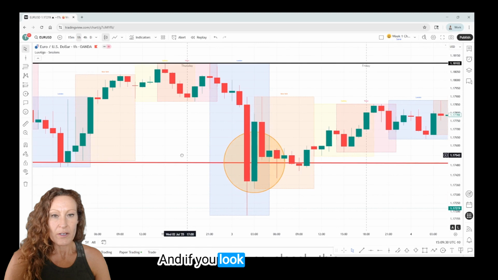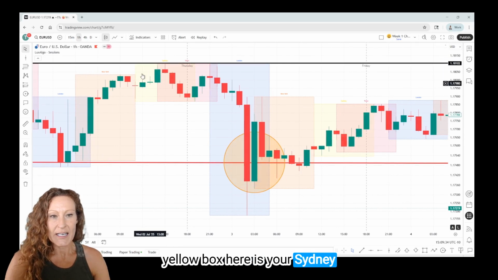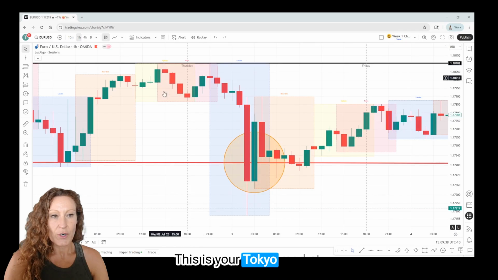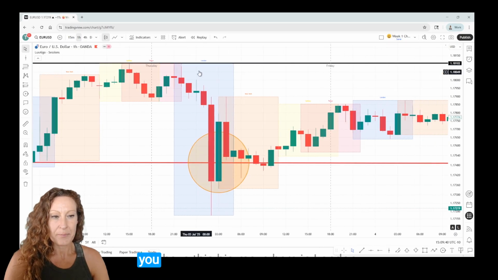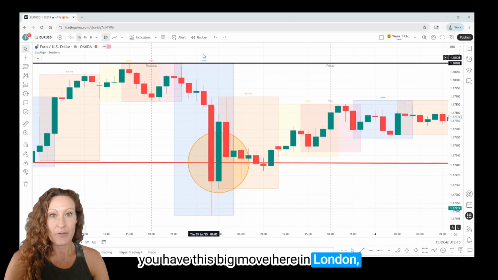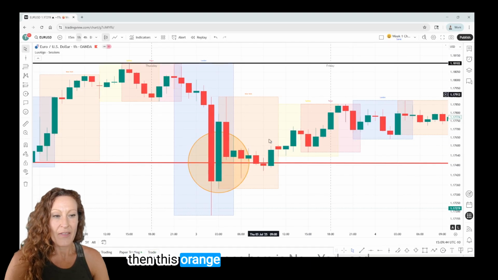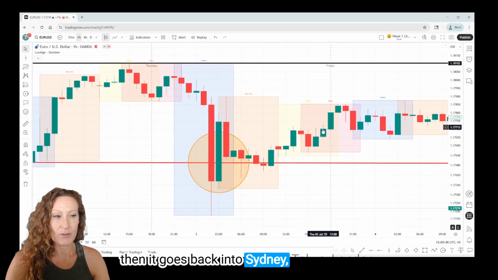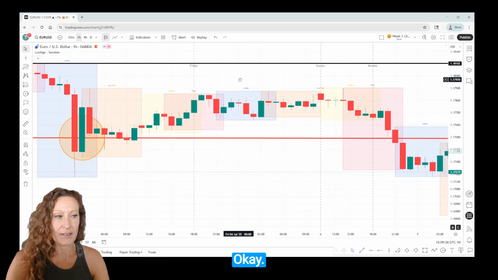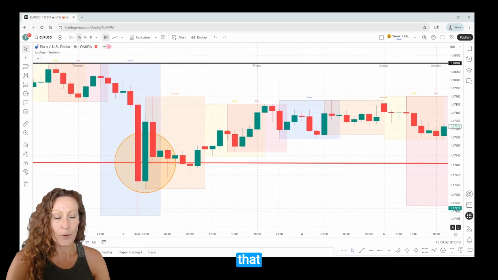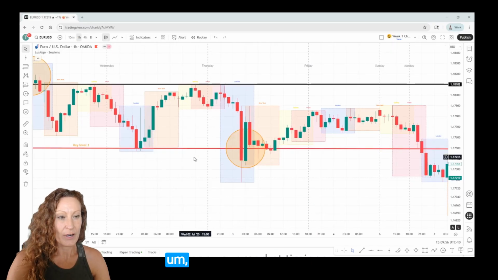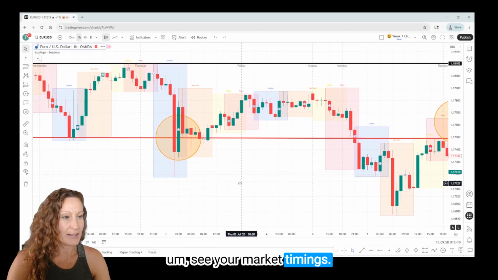And if you look very closely, this yellow box here is your Sydney or your pre-market. This is your Tokyo market. Then you have this big move here in London. And then this orange one here is New York. And then it goes back into Sydney, Tokyo, London. Okay? So that is a pretty fun way to see your market timings.